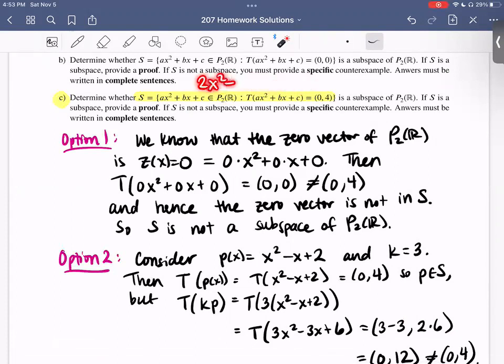If I take the linear transformation of this, I'm going to get 2 plus -5 is -3, and 2 times 7 is 14. That's not 0, 4, so that's not even in there. If you're going to do a counterexample, you have to pick something in this set and then show that you escape that set by either multiplying by a scalar or adding two different elements of that set.